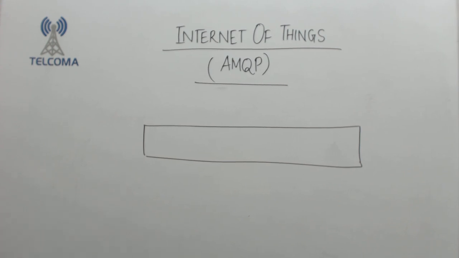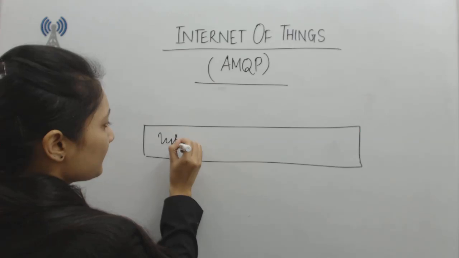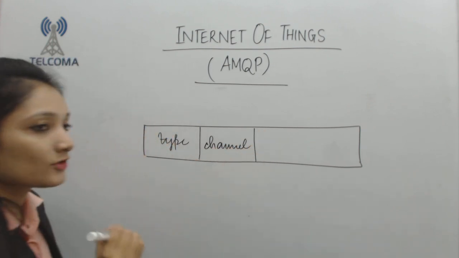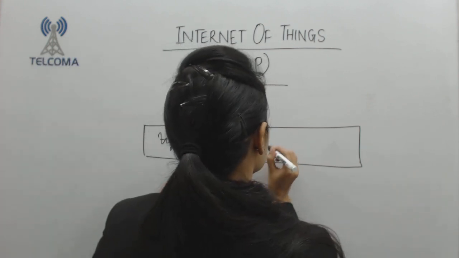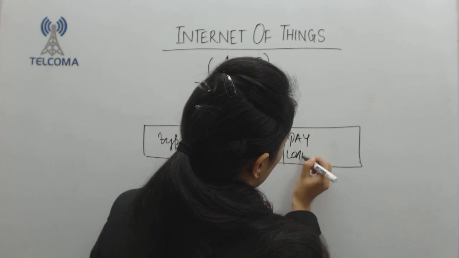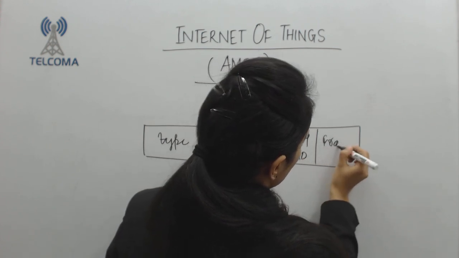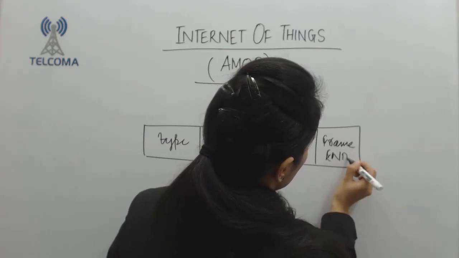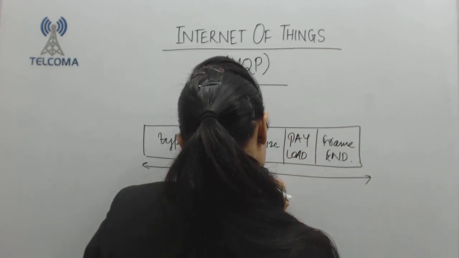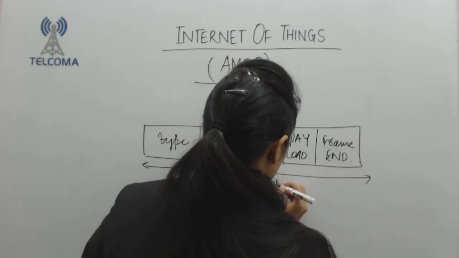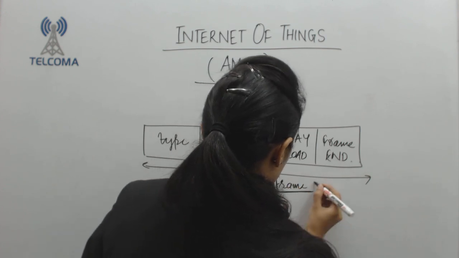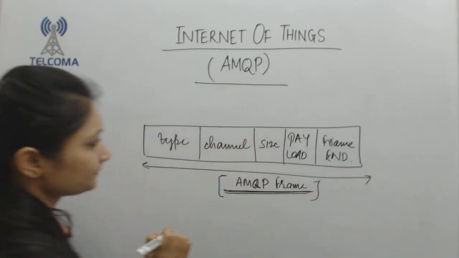It will have a different number of fields, which start from type, what type it is, then channel, then size, then the payload, and frame end. This is the AMQP frame.